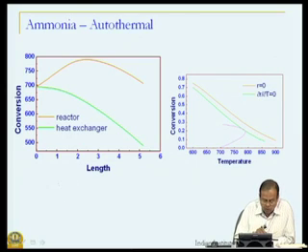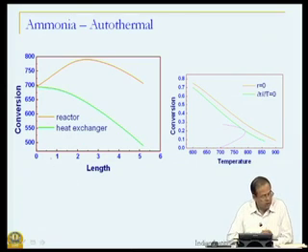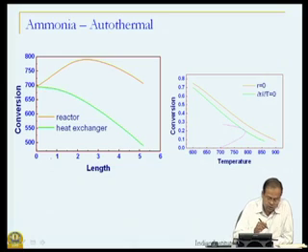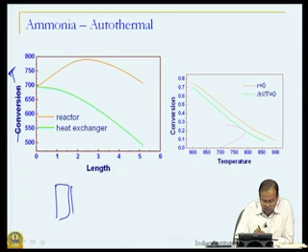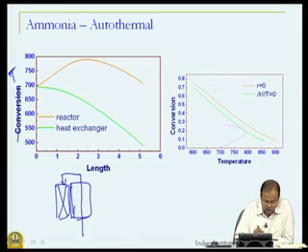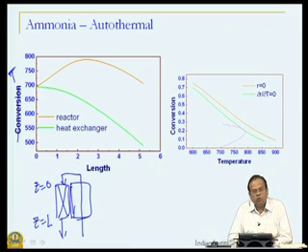So, what we are seeing here is temperature versus length of the reactor. So, once again this is my reactor, this is my heat exchanger. So, my reactants are going like this and coming out like this. So, this is my Z equal to 0, this is my Z equal to L.